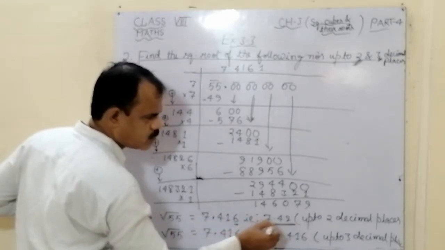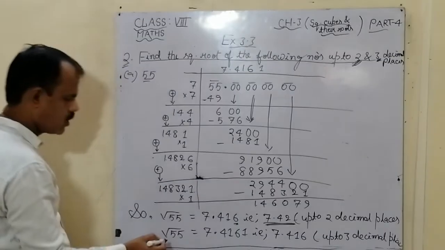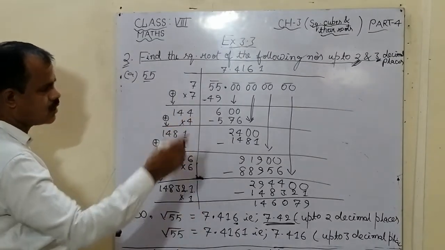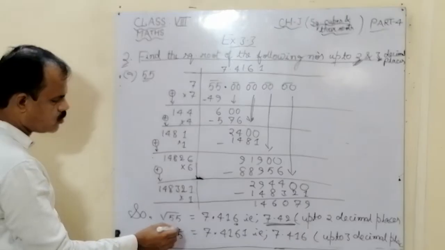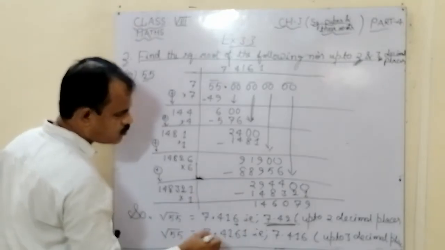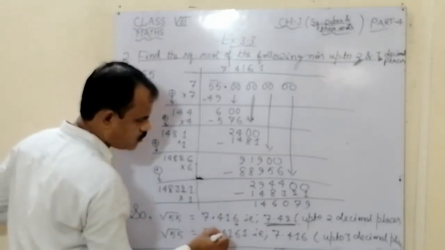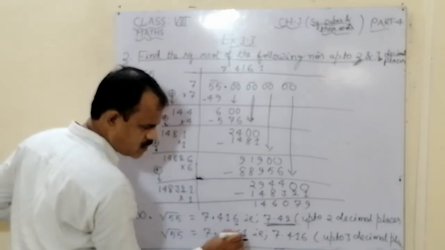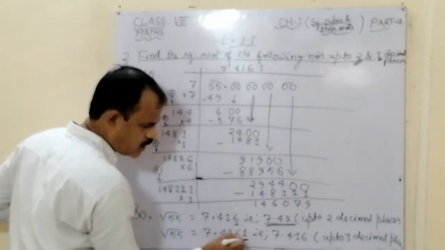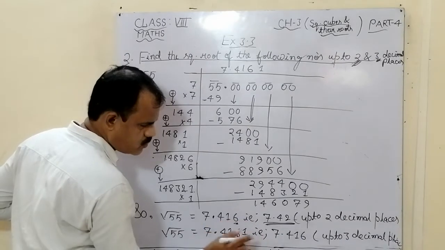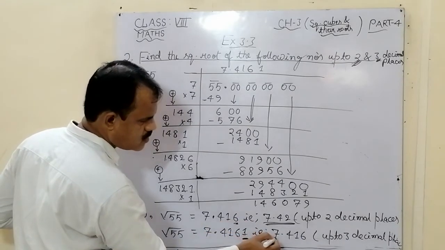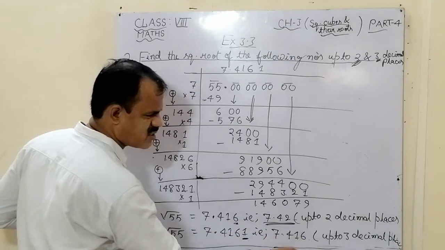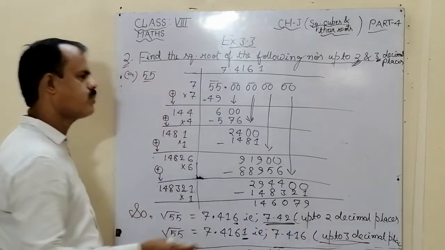So this is up to 2 places of decimal. Now we have to find 3 places of decimal for root 55. So we have to take 4 places, 7.4161. Here you see the fourth place is less than 5, that is 1. So we simply remove this 1. So the answer is 7.416 up to 3 decimal places.